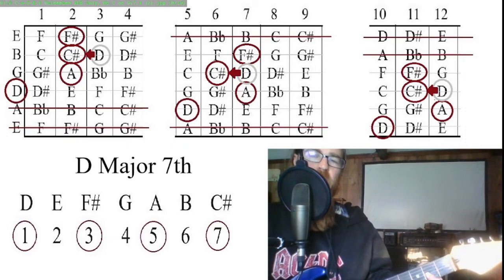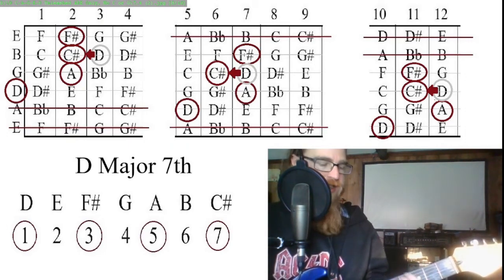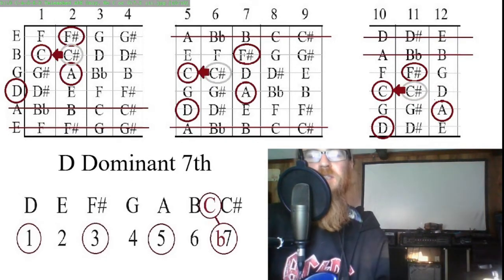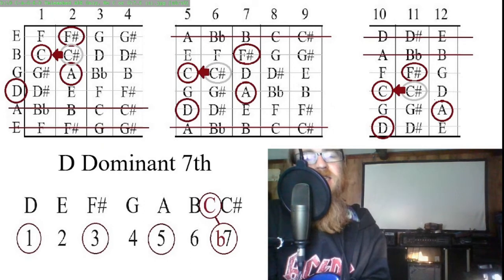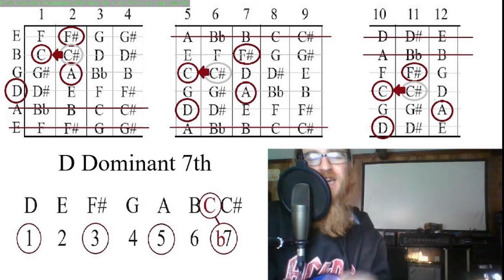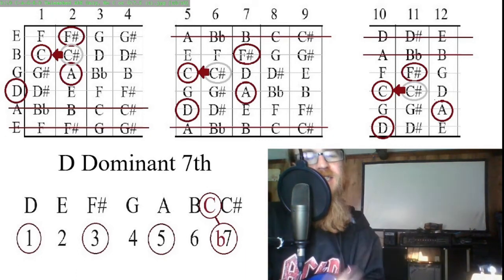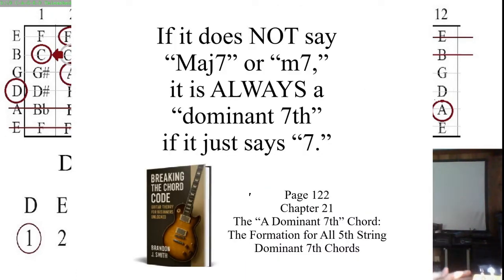And as long as you know you have a repeating root note, you know you can turn it into something else. So this is a dominant 7th, guys. What it actually is like a D7. If you ever go to a chord website, you see A7, E7, B7, D7. If it doesn't say major 7th or minor 7th, it's always going to be a dominant 7th if it just says 7.